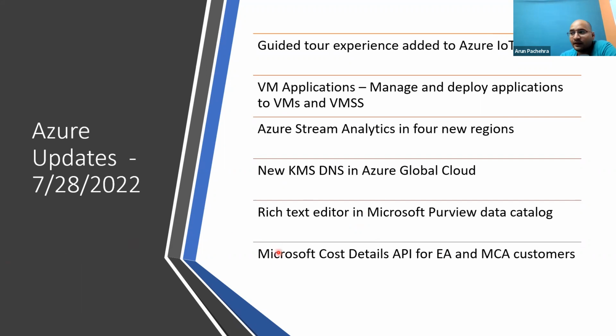And this one is for the Microsoft Cost Details API for EA and MCA customers. This Cost Details API is now generally available for use by EA and MCA customers. This API provides on-demand download of the granular cost details, formerly referred to as the usage details, associated with Microsoft charges.